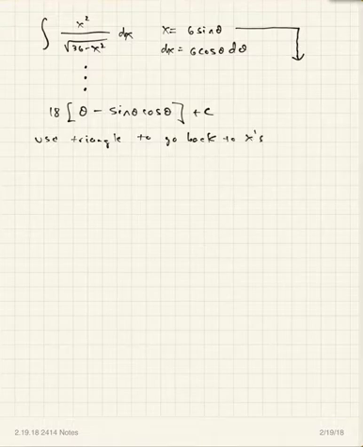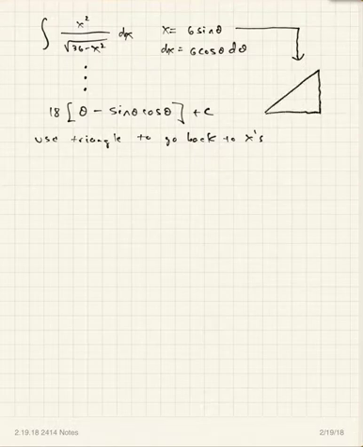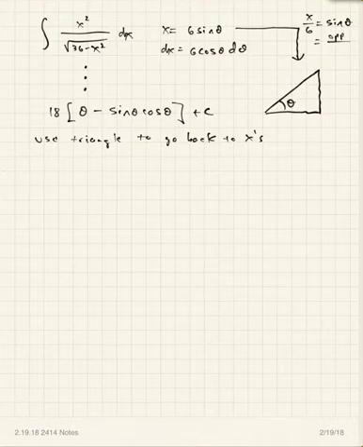To label it correctly, we have theta right here, and x over 6 is equal to sine theta, just divide both sides by 6. Sine is equal to opposite over hypotenuse. So labeling the triangle, the opposite side from theta would be x, and the hypotenuse would be 6. Then using the Pythagorean theorem, the third side would be the square root of 36 minus x squared.